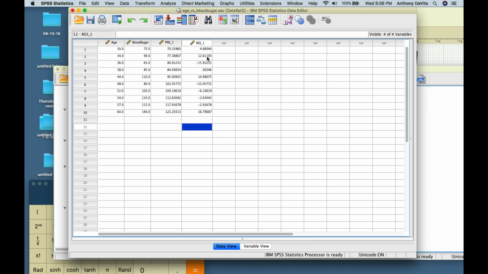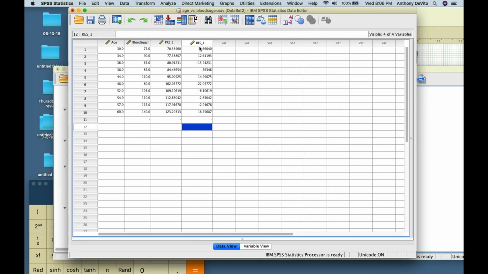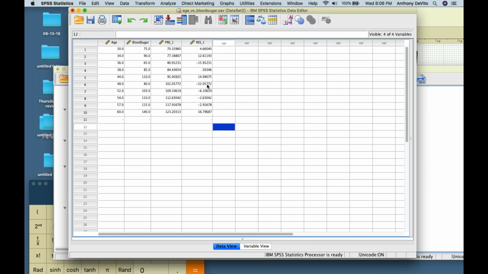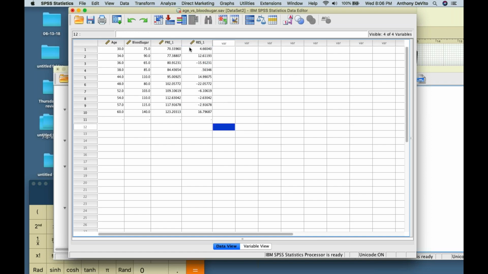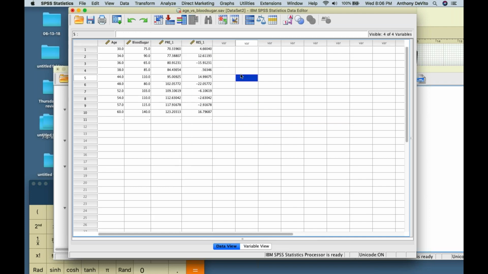In other words, these errors are random and they don't have some sort of pattern where there's greater variability at the top of the range and smaller variability at the bottom of the range. So we're interested in how these are distributed. We'll talk about that later on. So we have our predicted values, our residual values, and so on.